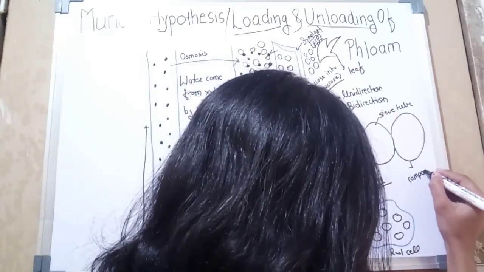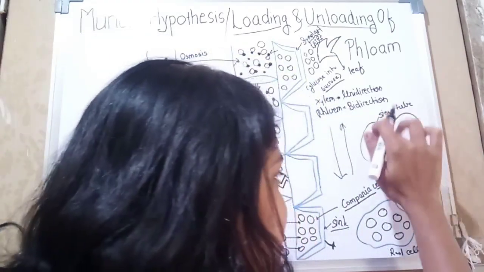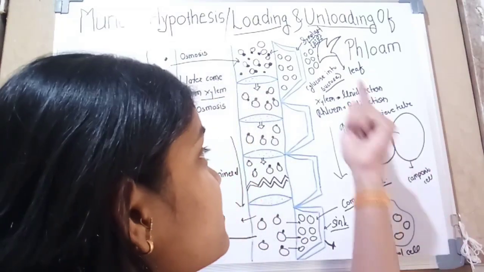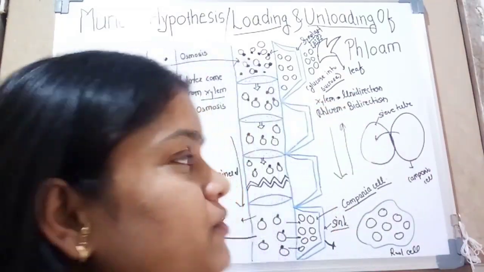So the sucrose moves from the companion cell to the sieve tube by the symplastic or apoplastic pathway. Here, to enter the cell, there is something present on the cell wall that is responsible for bringing the sucrose inside the cells. So how does the mechanism actually take place? We will discuss it.